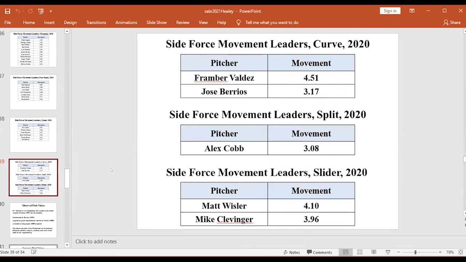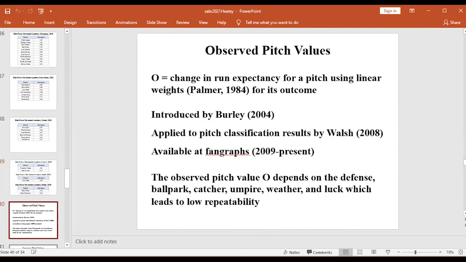Okay, now movement is nice, but the thing that we really want to try and optimize is the performance of a pitch. And as we showed earlier, we can use the intrinsic pitch value for that. I'm going to talk a little bit more about those. The thing that you might be familiar with is the observed pitch value.